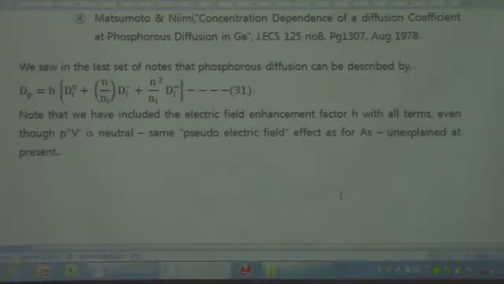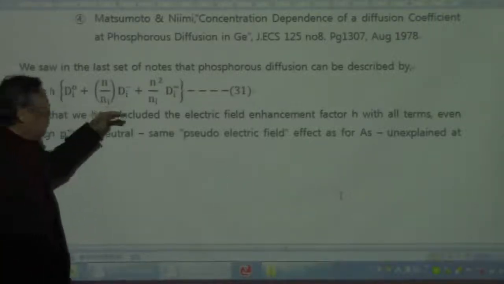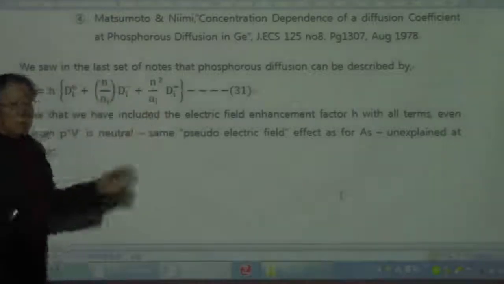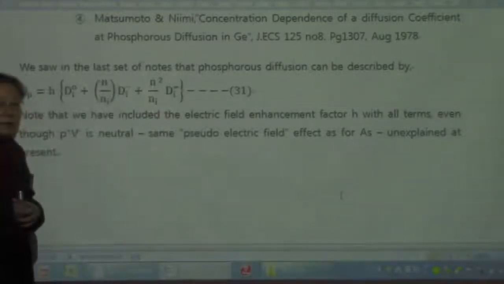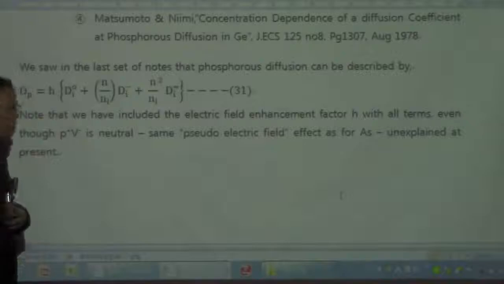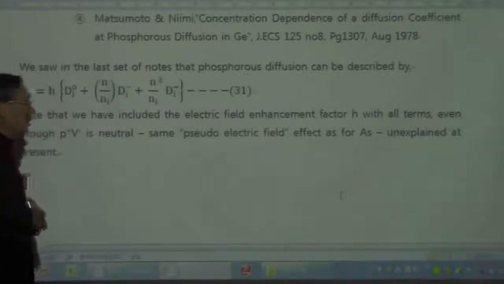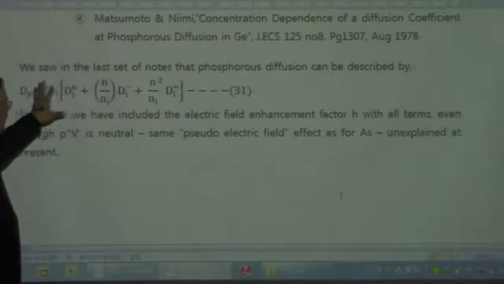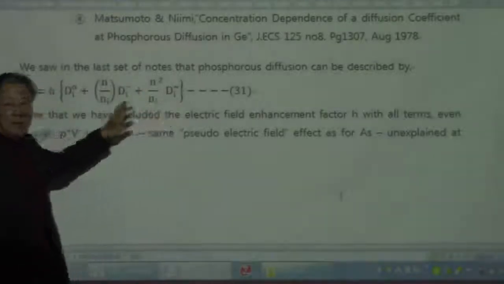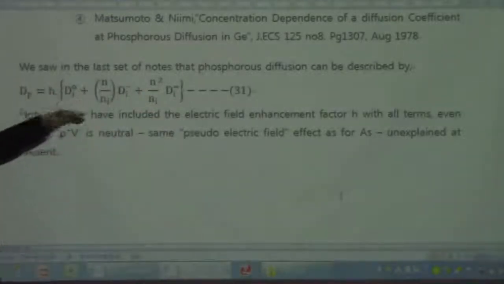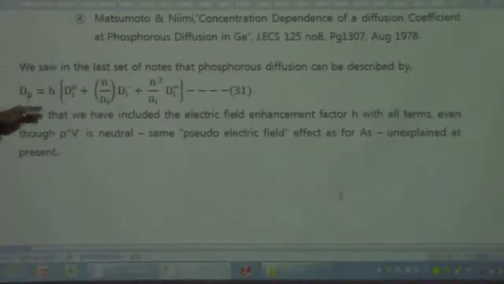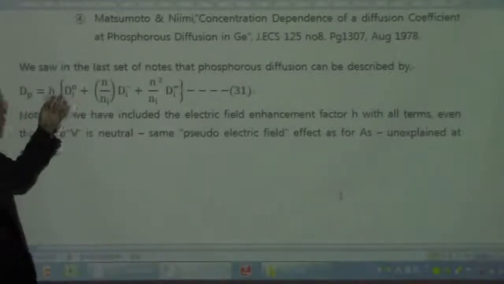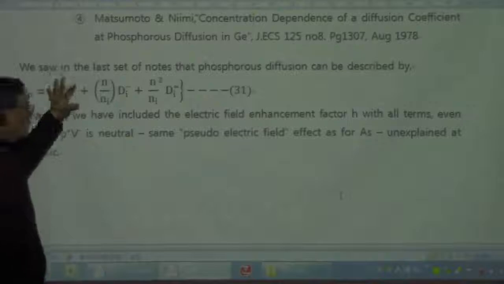Okay, you just think we don't understand why. But this equation better fits the experimental data. So even though we don't understand the basic reason, we just put the electric field effect in front of every term here, and then this equation fits the experimental data better than just putting the electric field effect on this term and this term.